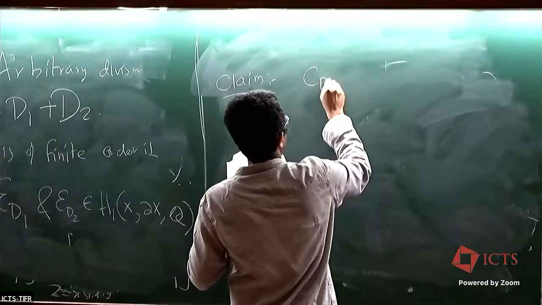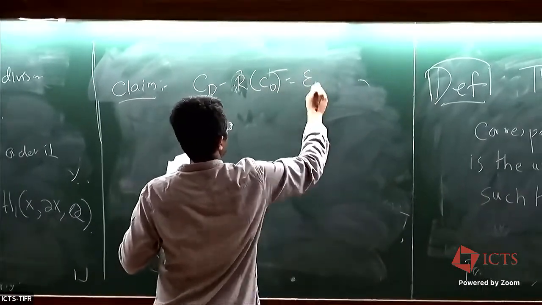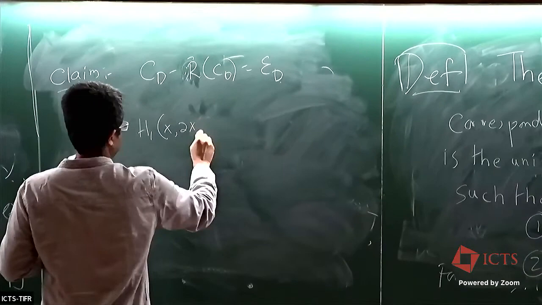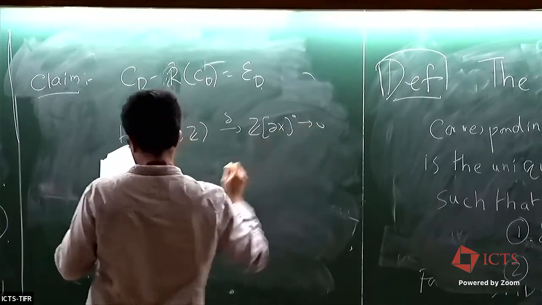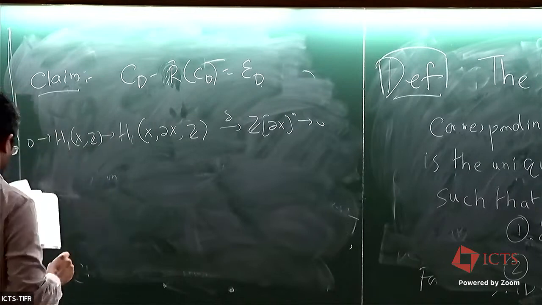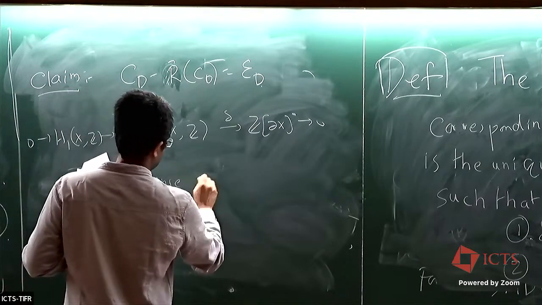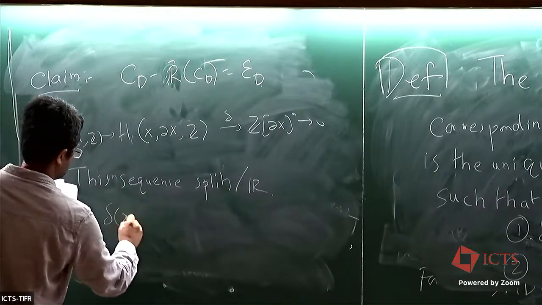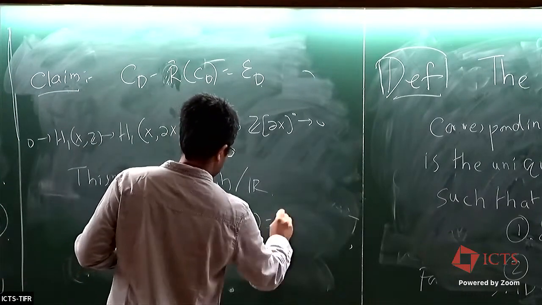Okay, so my claim is that you have this CD, and you have this H1, and an exact sequence over R. R of C depends only on the boundary.